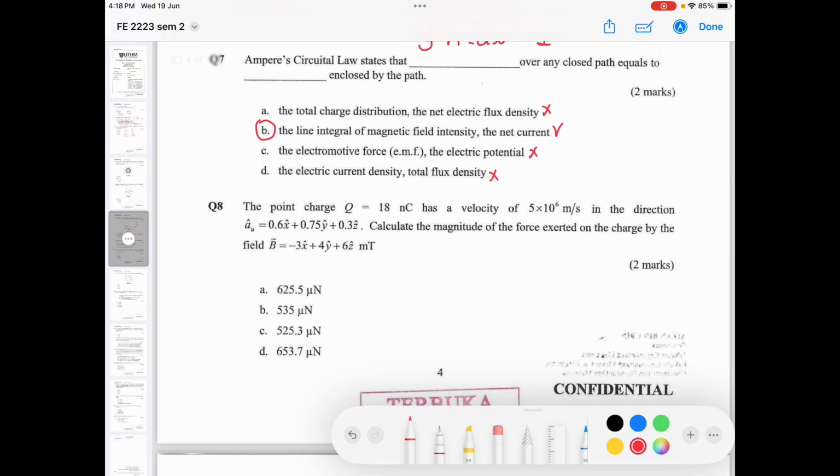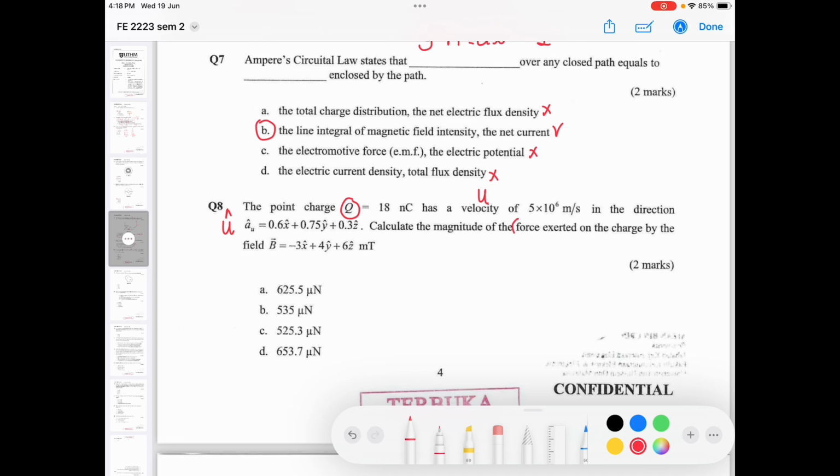Okay, so the point charge Q has a velocity, and you have the direction of the velocity. Calculate the magnitude of the force exerted.